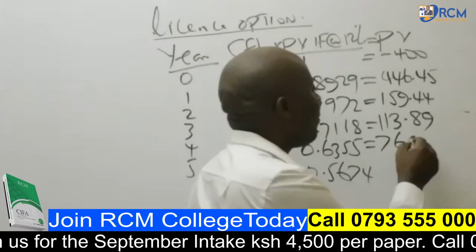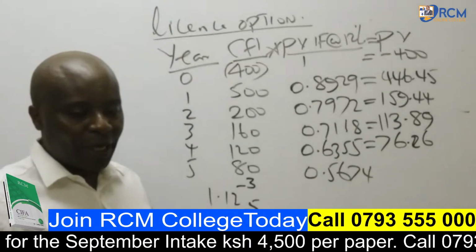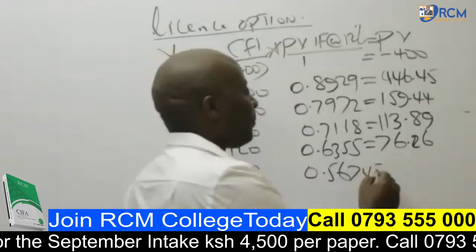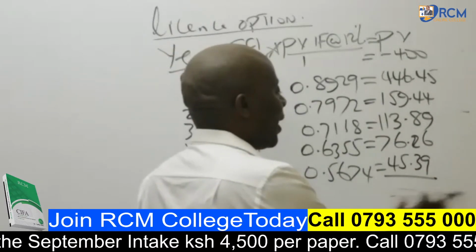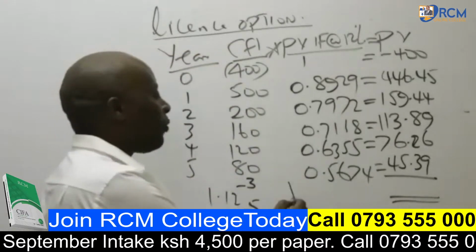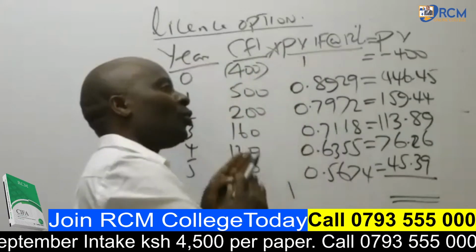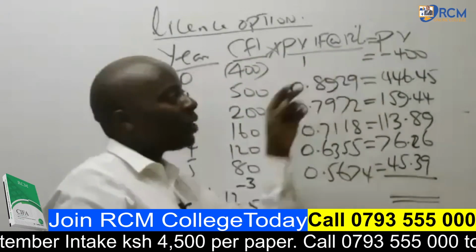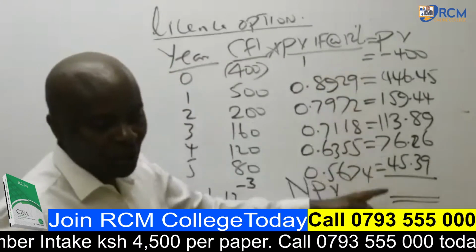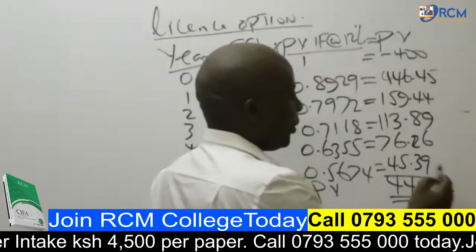Year number five, lastly, 80 times 0.5674, which is 45.39. Then you add like that. Whatever you get here, of course, these are cash flows discounted to today. They're present values, but because they have subtracted the initial outlay, that present value will be called the net present value. So adding it up, it comes to 441.43.